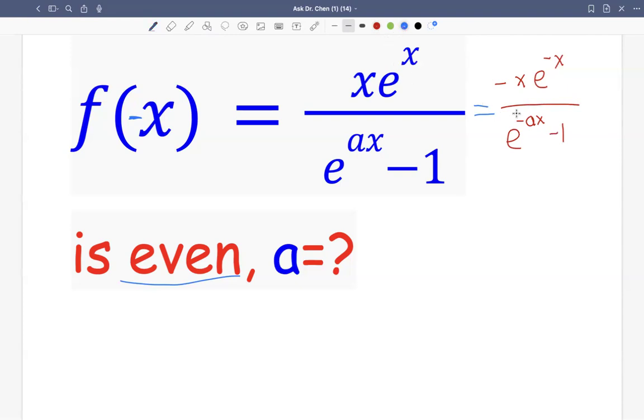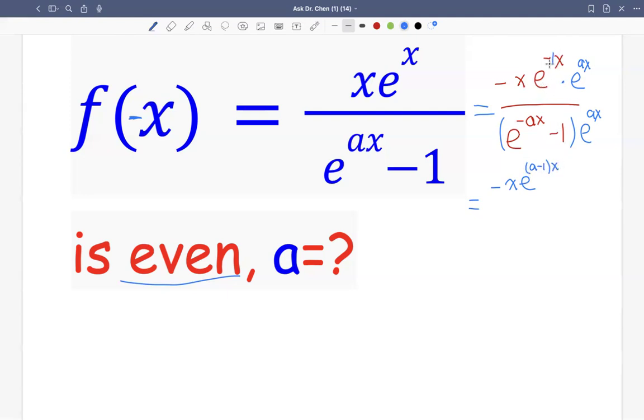Now let's simplify this. Let's multiply the numerator and denominator by e raised by ax. Basically, we want to simplify this e raised by negative ax term. When we do that, the numerator will get negative x e raised by a minus 1 times x, right?